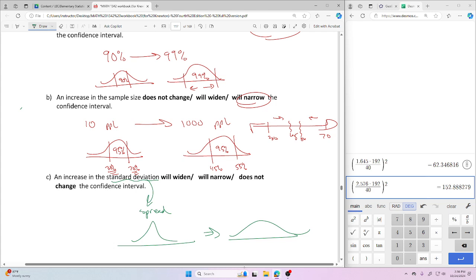Okay, but I still need the same 95%. So 95% would be right here. Now 95% is way out here. What happened to my interval? Did it get wider, narrower, or no change? It's wider. Yeah, it got spread out.